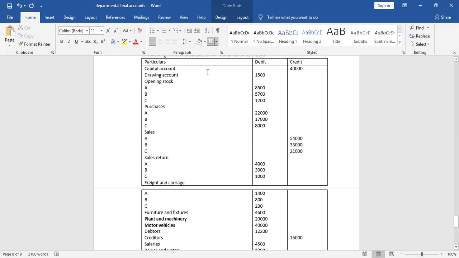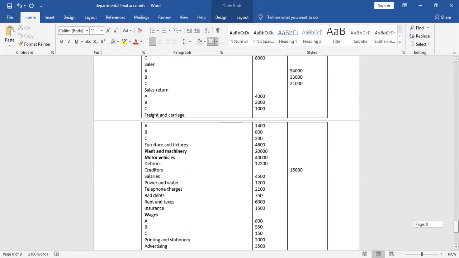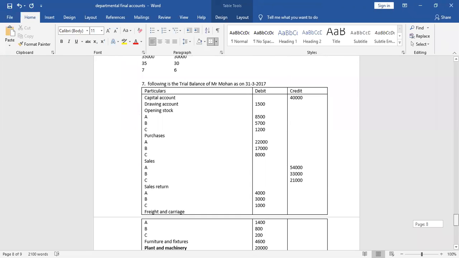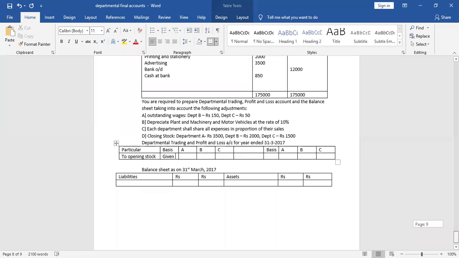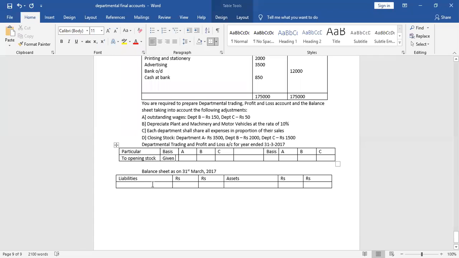First of all, capital is there. Let us do the posting. Capital will come in the balance sheet liability side. Drawing will be deducted. So here we will write capital.